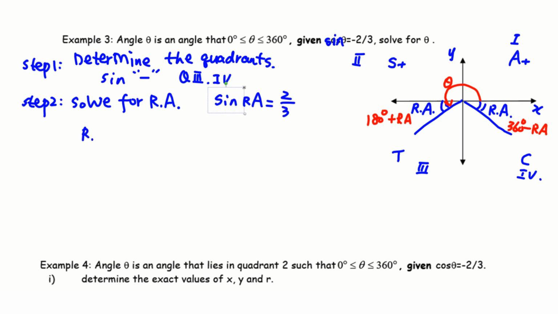So for RA, the ratio needs to be positive, so sine inverse of 2/3. Then get your calculator out, and you will be able to find RA equals 41.8 degrees.